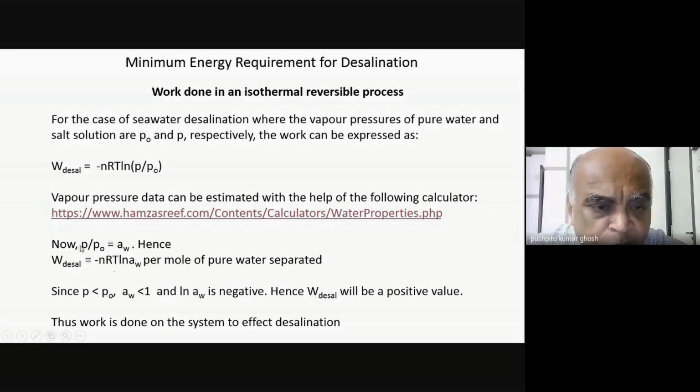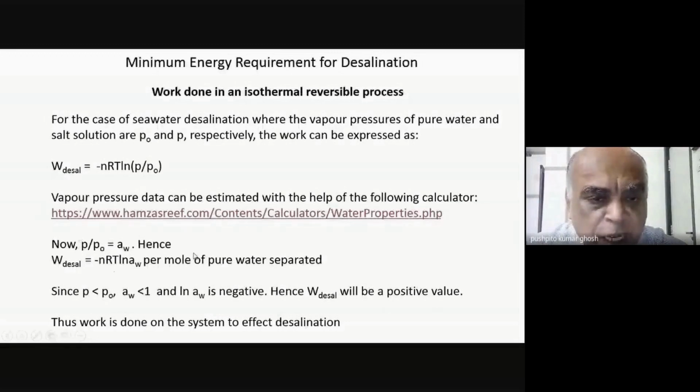The ratio of the vapor pressures, P by P0, is effectively the same thing as the water activity, because water activity is 1 for pure water when P0 is there, and so P by P0 is effectively the water activity of this salty water.